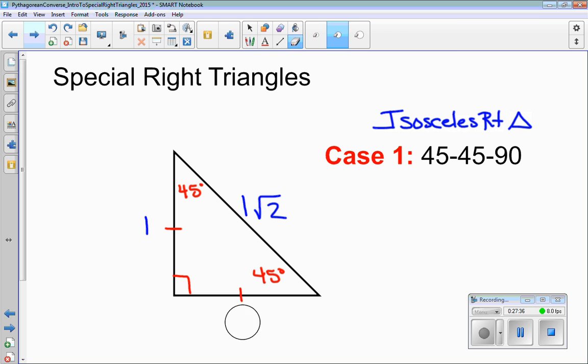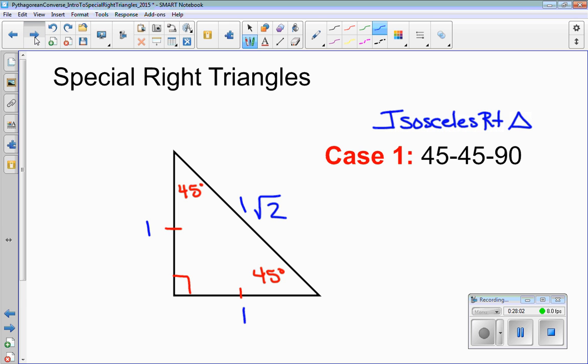Don't write this down, but just watch. If, for example, I knew that this leg was 6, what would this leg have to be? 6. What would this be? 6 radical 2. So if I know one of the legs, I can find all the others. No problem. So we always like to say 1, 1, square root of 2 as the reduced ratio.